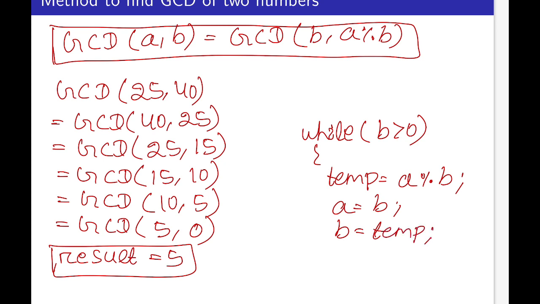That means we are assigning the value of b to a, and we are assigning the value of a modulo b to b.